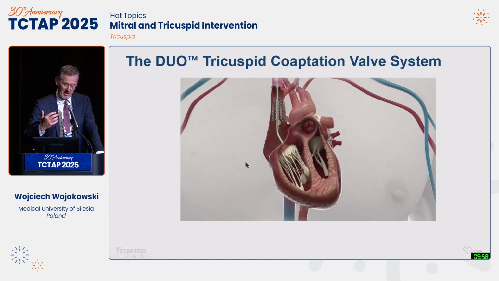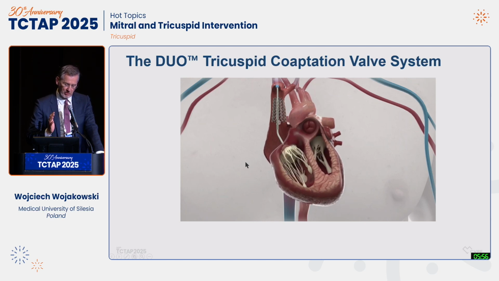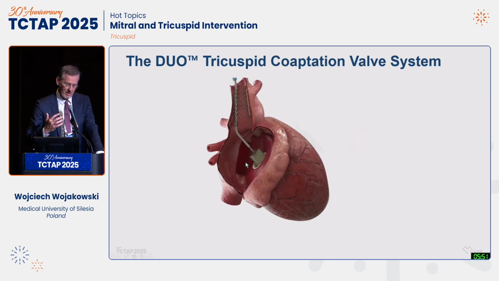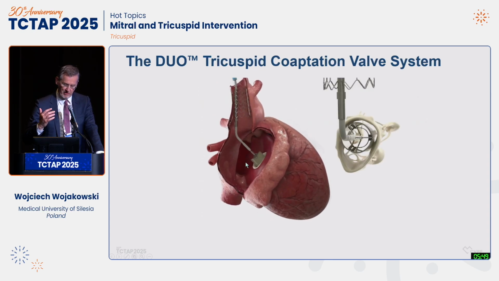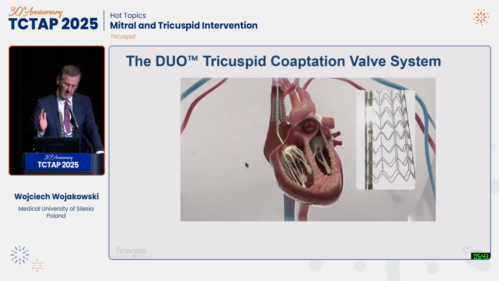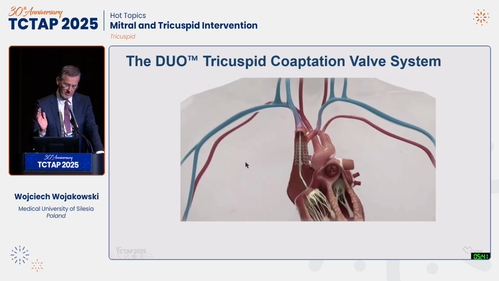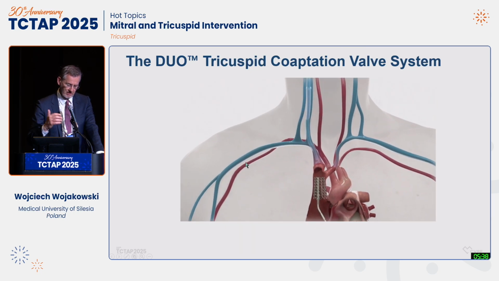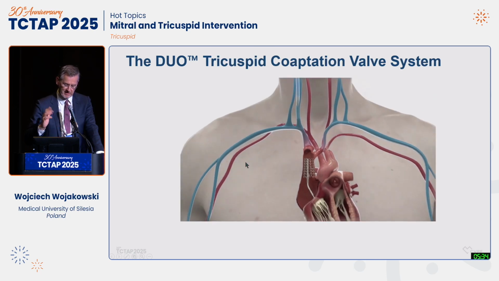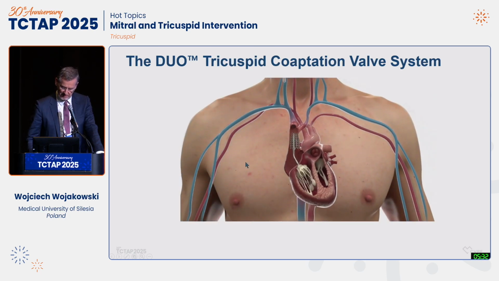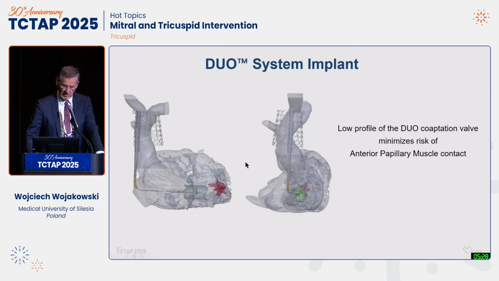Then the stent is deployed, and still you have a chance to tailor the positioning of the valve, moving it deeper or shallower in the ventricle, and also there is a possibility of changing the orientation in anterior-posterior and septolateral direction. And then this stent is disconnected and the vascular access is closed.